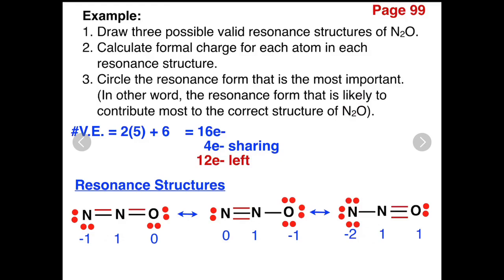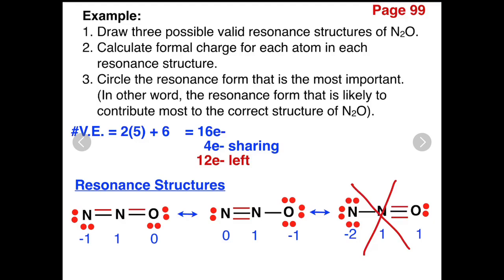What you are going to do is look for the structure whose formal charges come out close to 0. In this case, we can ignore the last one, because its formal charges are not as close to 0 as these 2. So we can eliminate this one. It is probably the least important structure. It's still valid, but it's the least important.